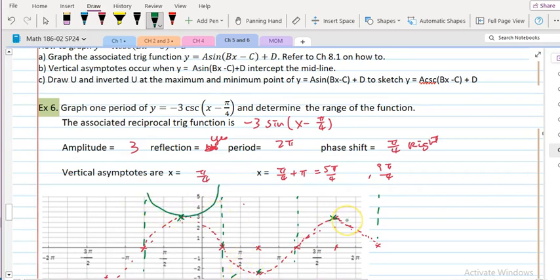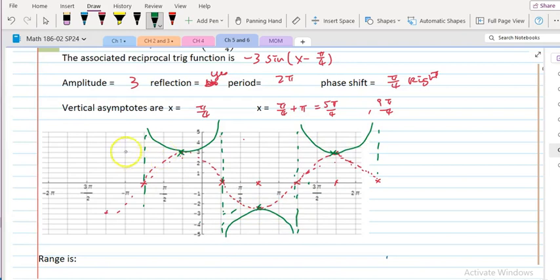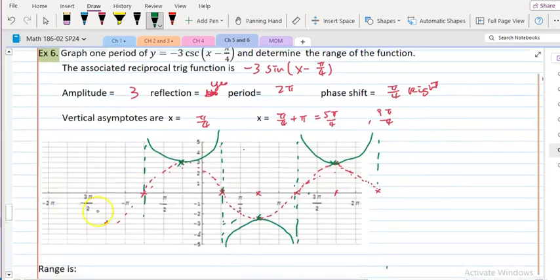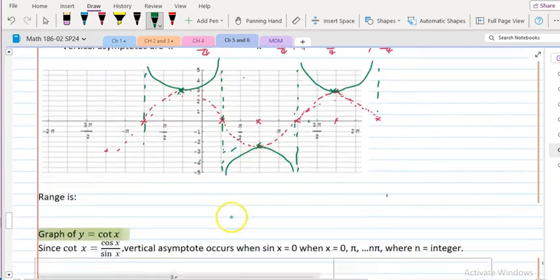Let's move up a little bit. That's nicer. As long as you have the vertical asymptotes and the 1 and -1, you can graph it. The green one is the cosecant function, and the asymptotes are at pi over 4, 5 pi over 4.